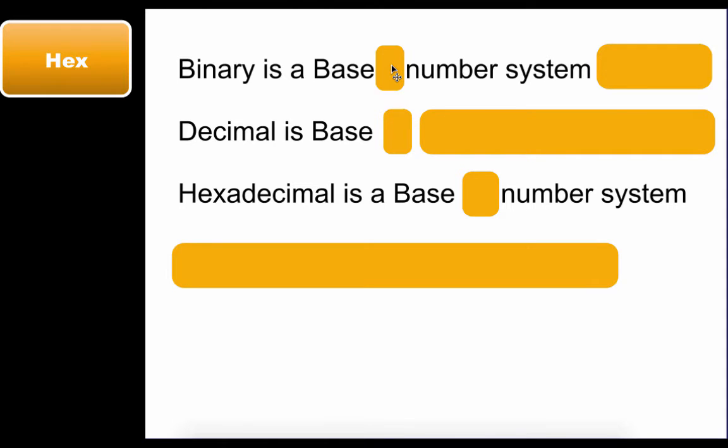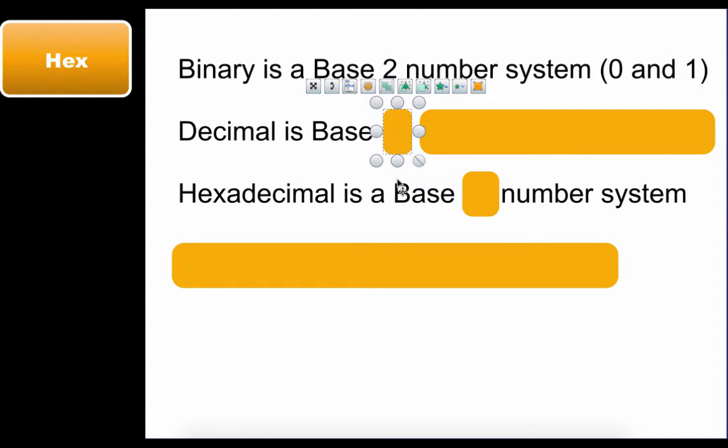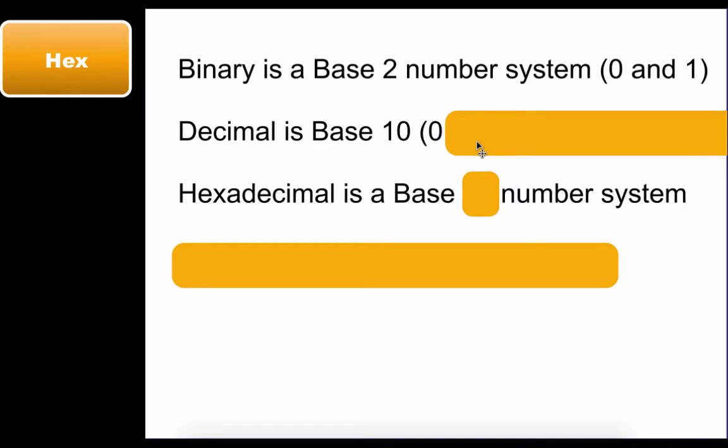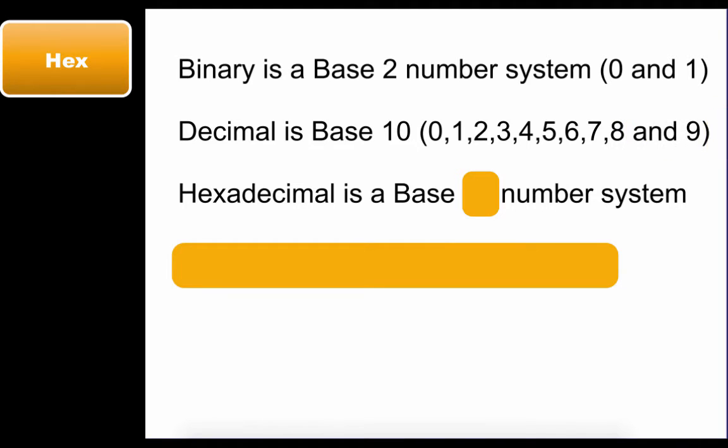Binary is a base 2 number system: 0 and 1. Decimal is base 10: 0, 1, 2, 3, 4, 5, 6, 7, 8, and 9. There's another number system called hexadecimal. Hexadecimal is base 16.